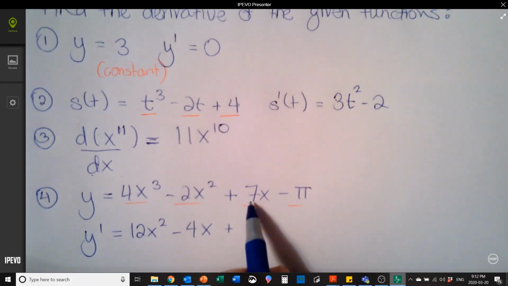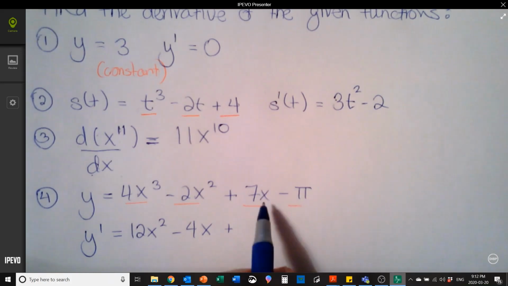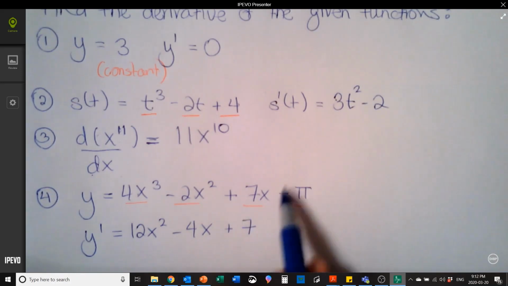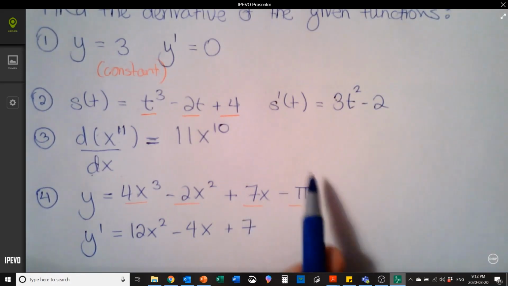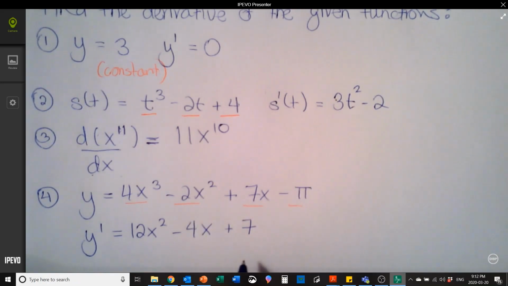I know that the answer here is just the coefficient, because anything with a single term variable, like x or t or y, is just going to be the coefficient. And the derivative of a constant, and that is what pi is after all. Pi is just a constant, it just has a Greek letter to indicate it, but it is a constant, so the derivative of pi is 0.